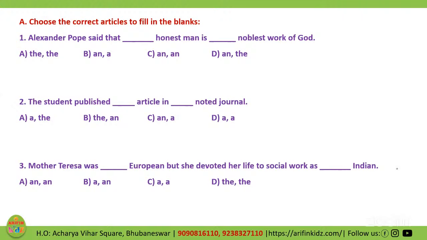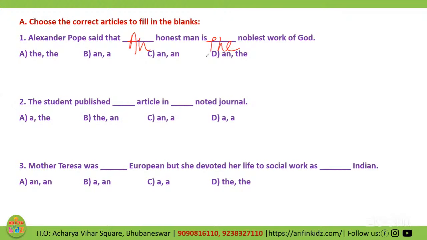Alexander Pope said that an honest man is, we are specifying that particular man, the noblest work of God. So if you can see this, Alexander Pope said that an honest man, and that man we are specifying with the noblest work of God.